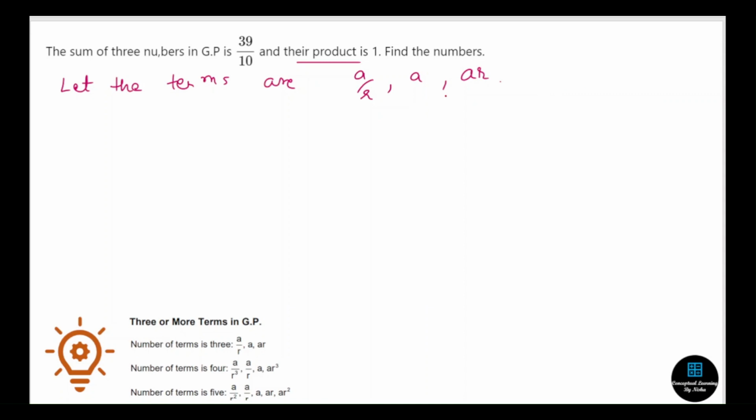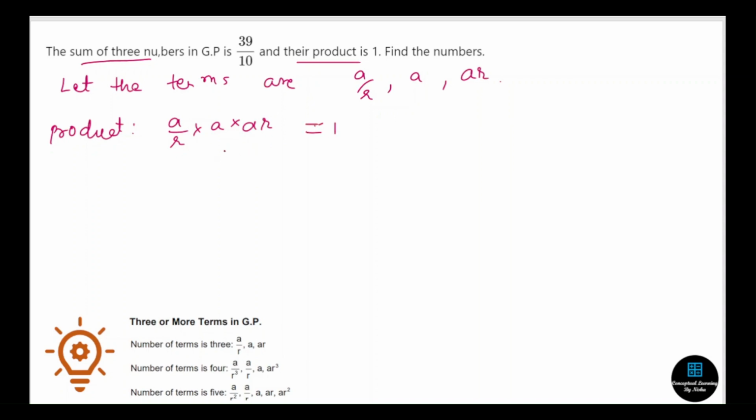Now they said that the sum is this and the product is this. So first of all I write the product. If I multiply a upon r into a into ar, this equals 1.